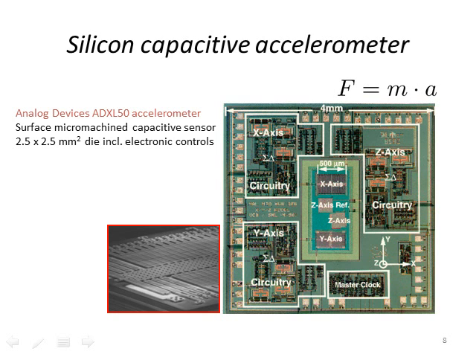This is an old picture from Analog Devices. And amazingly, if you configure these in the right way, with a really precise readout mechanism, you can resolve movements in the comb fingers on the order of picometers, about 100 picometers.